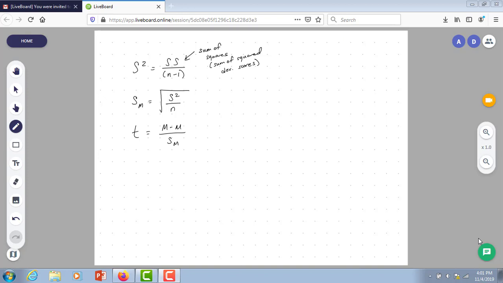And we're summing our squared deviation scores so that we can move forward and get our variance. In this particular case, sum of squares is just a precursor to the variance, and that's why you see it in the numerator there. In the denominator, we have degrees of freedom.